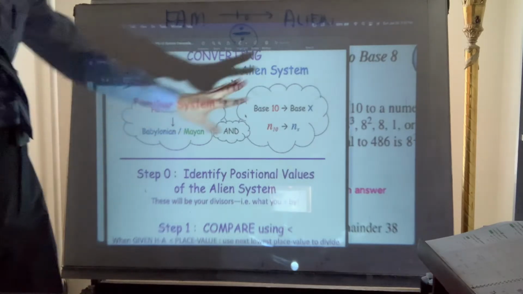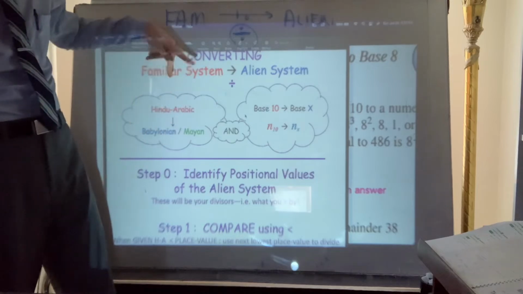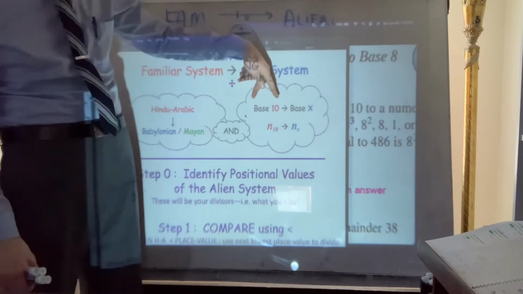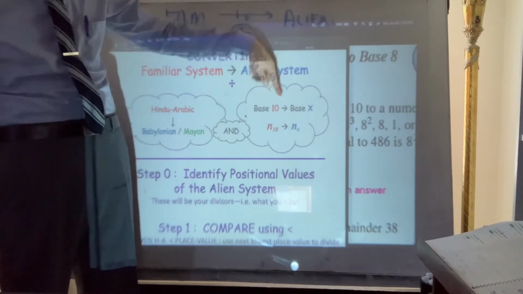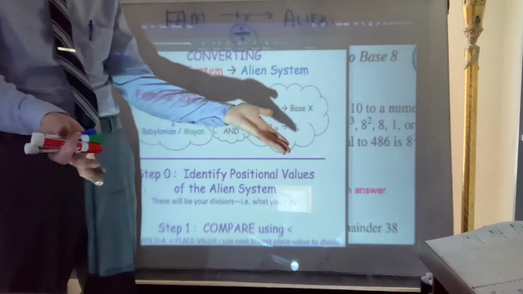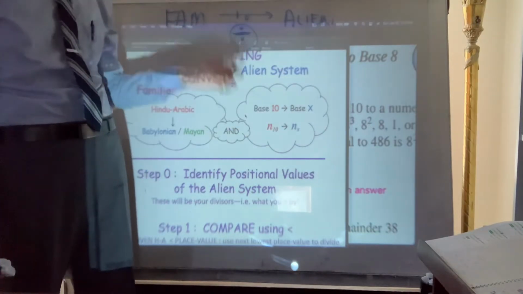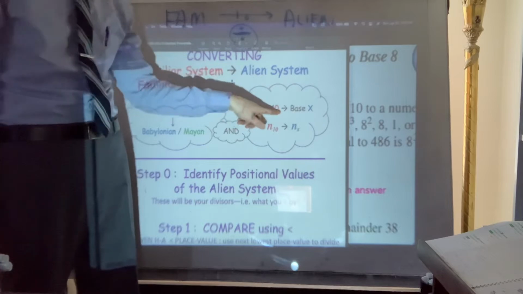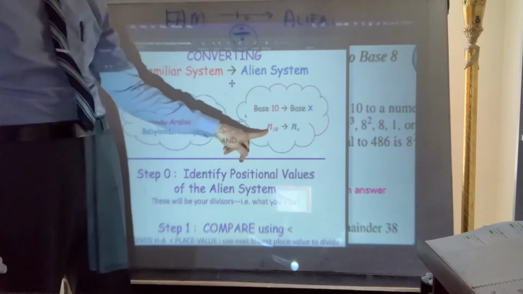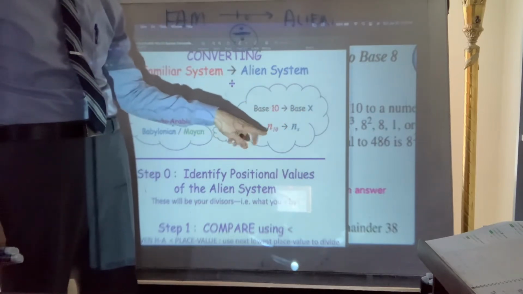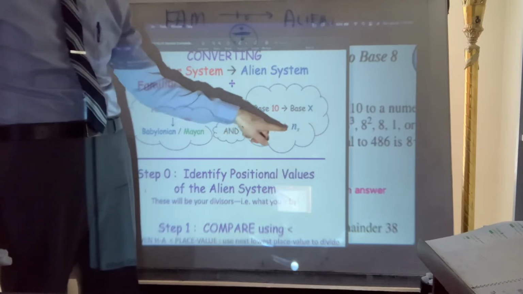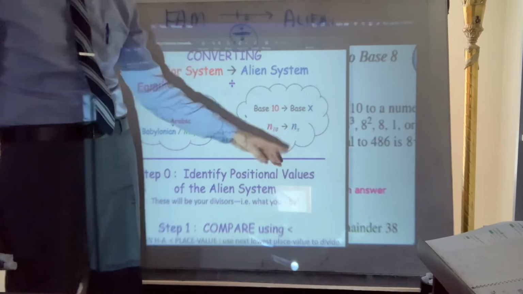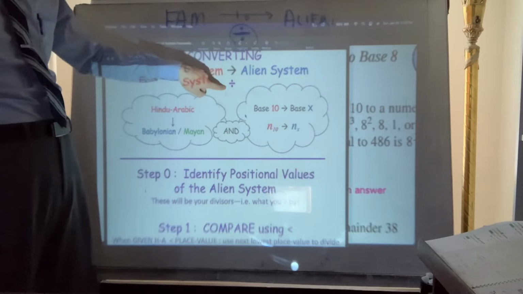But this train of thought: instead of calling it Hindu Arabic, we're calling it base 10, and we're going to convert to base X, whatever unusual thing that is. This is a more verbal way of talking about something, this is a more symbolic way of talking about something. So base 10, base whatever, right? If this is the train of thought, you are dividing.